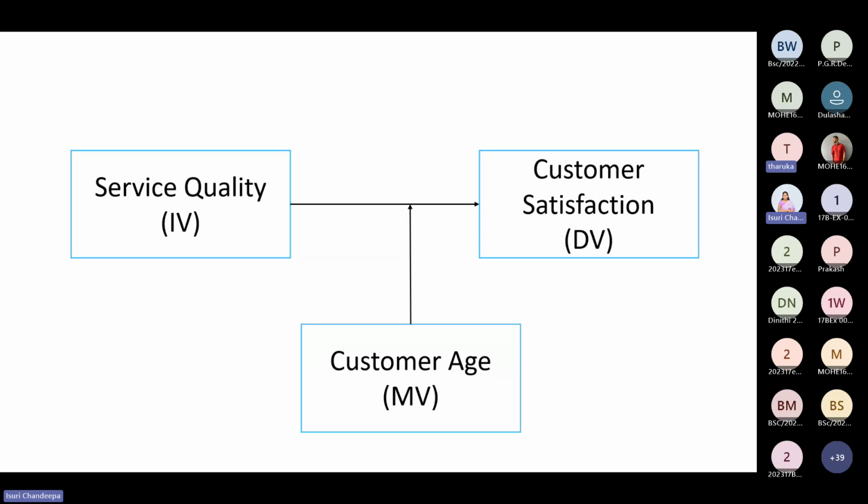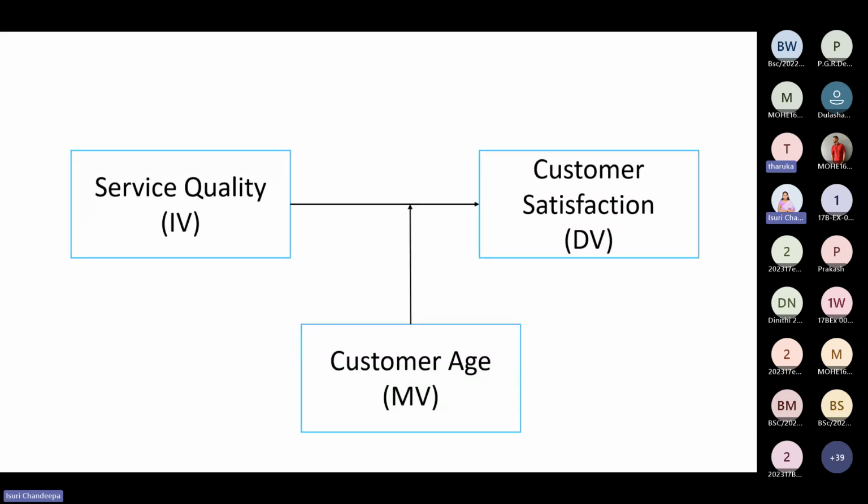Normally the moderators we take are customer age, customer gender. You can write it down. Customer age, customer gender, education level, income level.